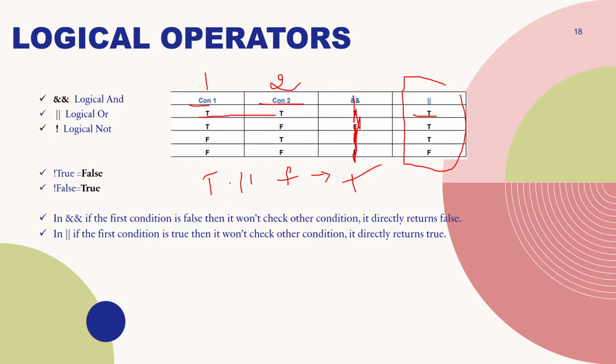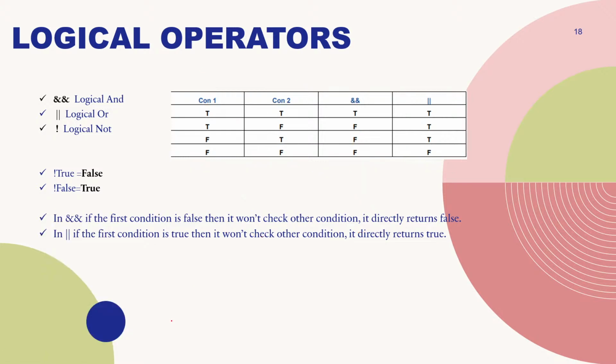If the first condition is true and the second condition is false, it will give true. If the first condition itself is false and the second condition is true, it will give true, guys. Because logical OR will give true if either one condition is true, guys. Only if both the statements are false, it will give false, guys.